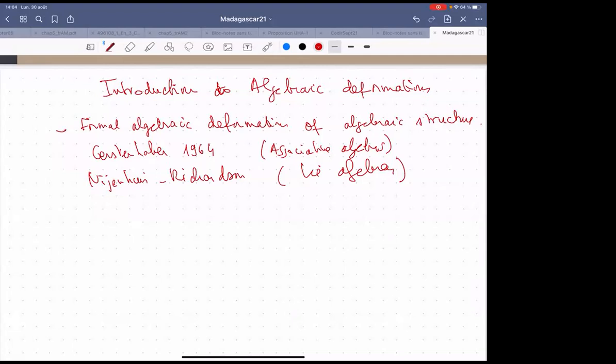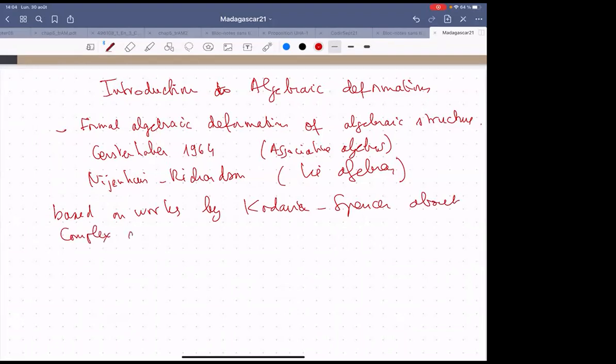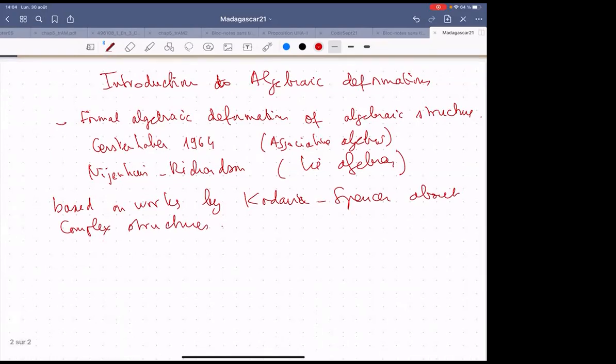This approach was based on works by Kodaira and Spencer about deformations of complex structures and manifolds. Okay. And what are the ingredients of this approach?